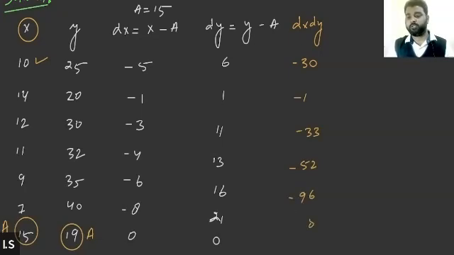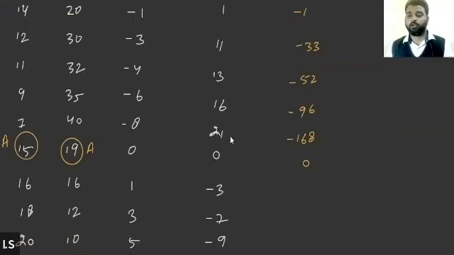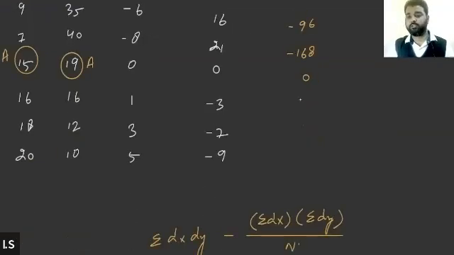Then 8 ones are 8, 8 twos are 16, minus 168. Then 0. After that, minus 3, and minus 21, minus 45.